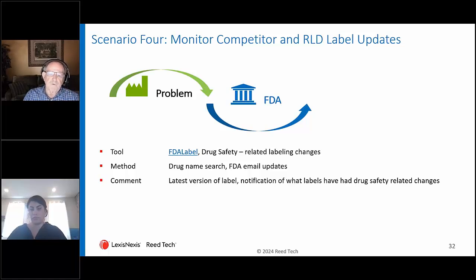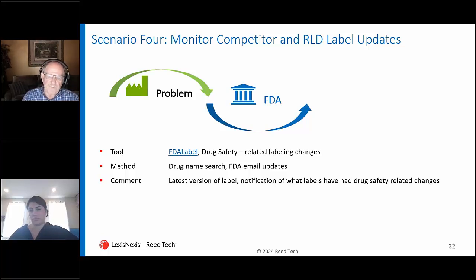You can focus in on a particular drug. Other than that, the FDA does have a tool where you can get general updates regarding particular labels that have drug safety related changes, but that would not include all changes. So there are some gaps here from the FDA.